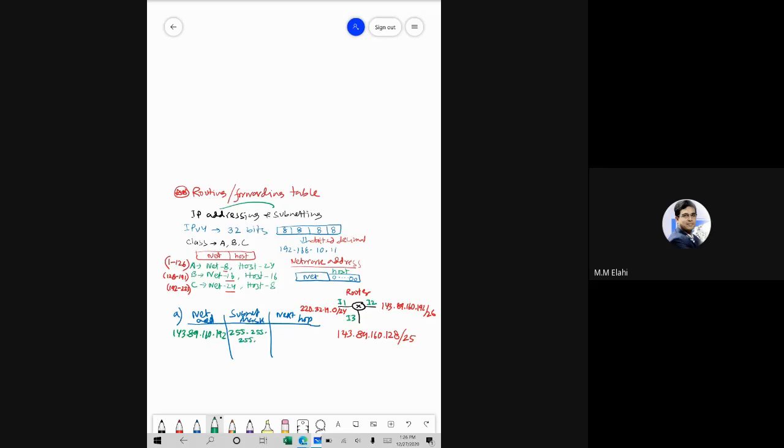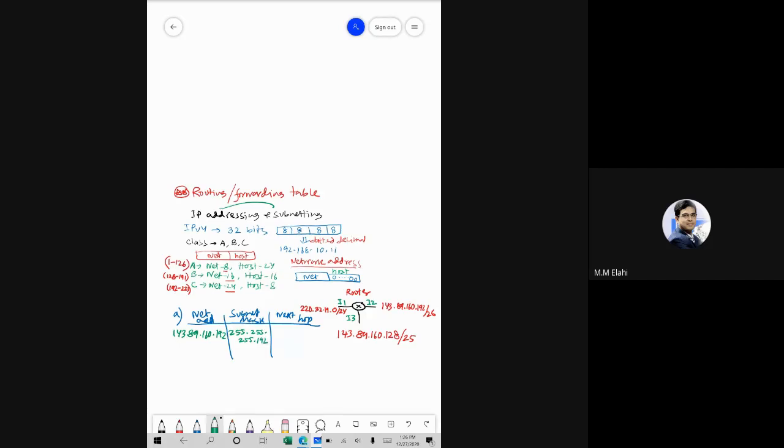So we have 24 bits specified. So you have 2 more bits in the network, that will be 1, and the host bits will be 0. So the last one will be 192.